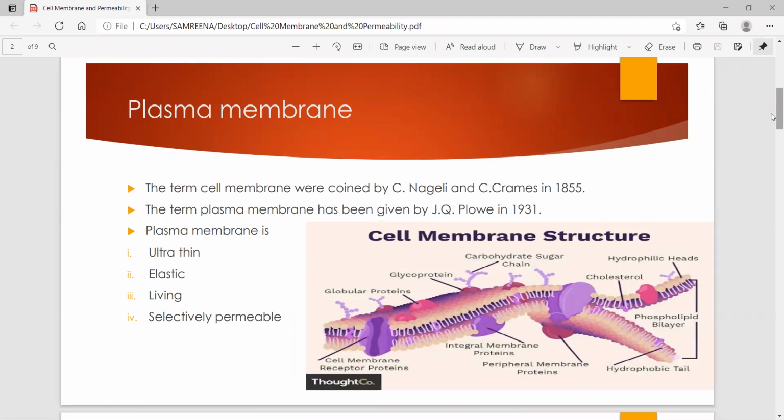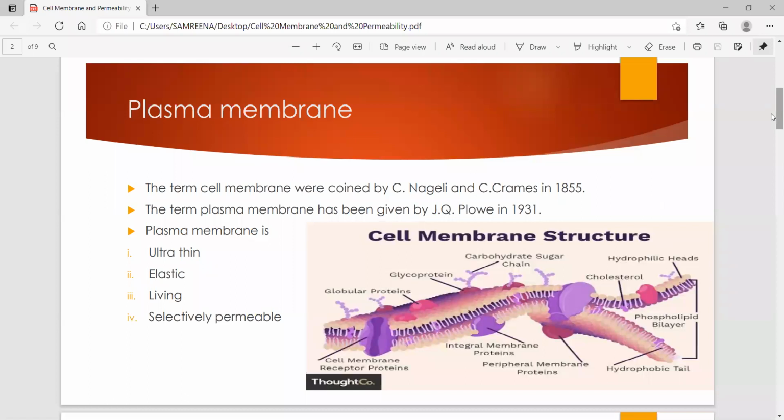Now, plasma membrane. We all know that every type of living cell is enclosed by a plasma membrane. Whichever living cell we have, who has covered it? Every cell, either in prokaryotes or in eukaryotes, is covered by the plasma membrane.